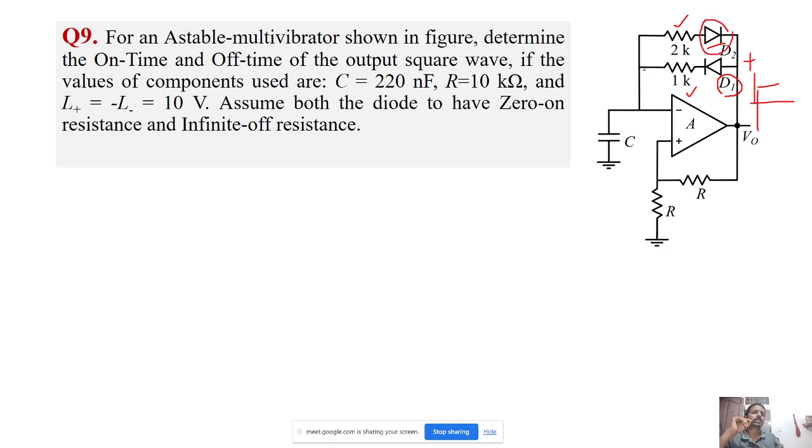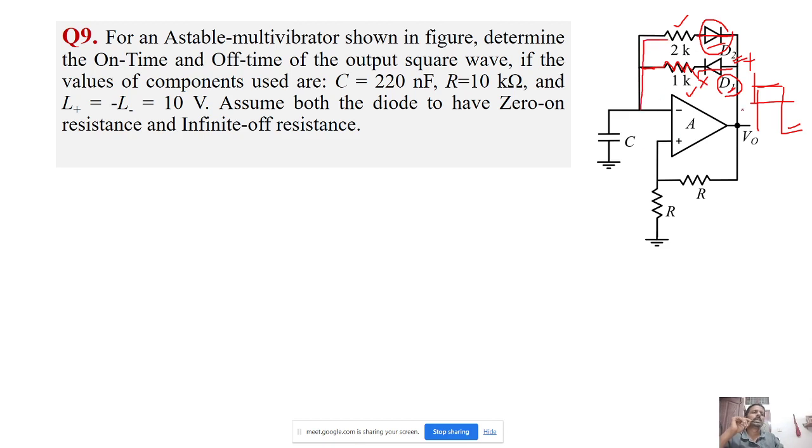The on resistance of the diode is 0, so in effect, when it is plus Vsat, the feedback resistance will be 1 kilo. Similarly, when the output is minus Vsat, diode D1 will be off and D2 will be on, so in feedback it will be 2K.